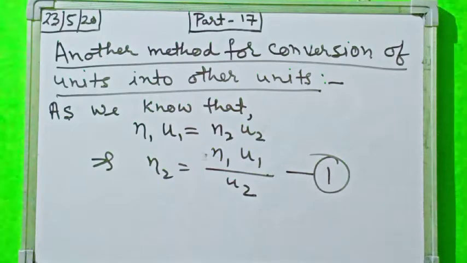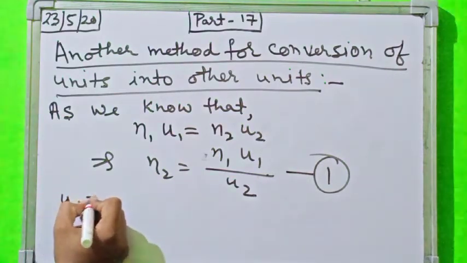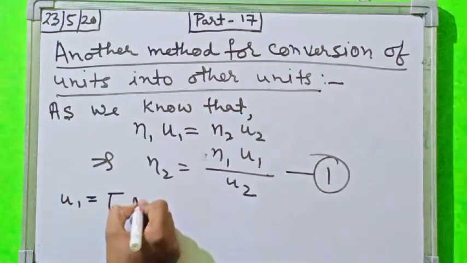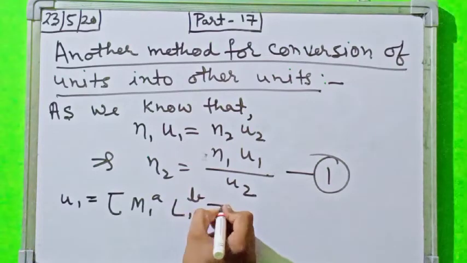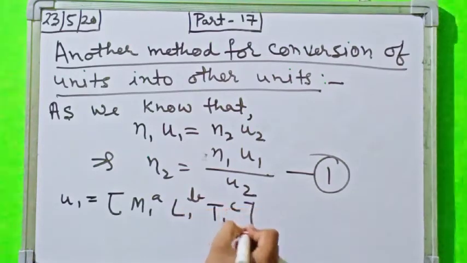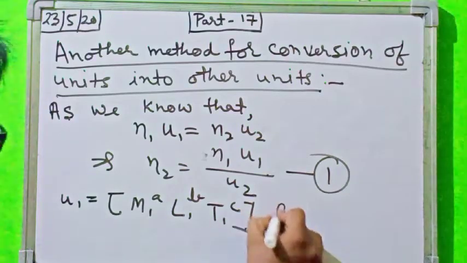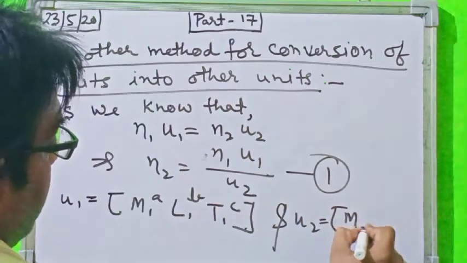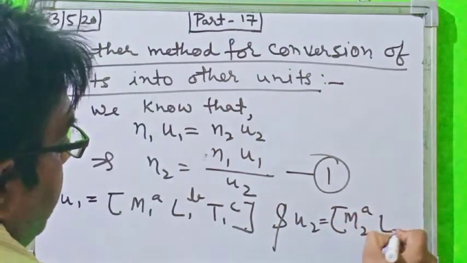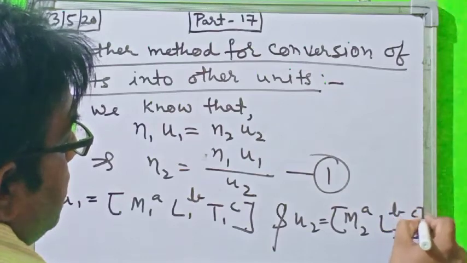So u1 can be written as m1 power a, l1 power b, and t1 power c. This is the given system of unit, and the next system of unit u2 is equal to m2 power a, l2 power b, and t2 power c.